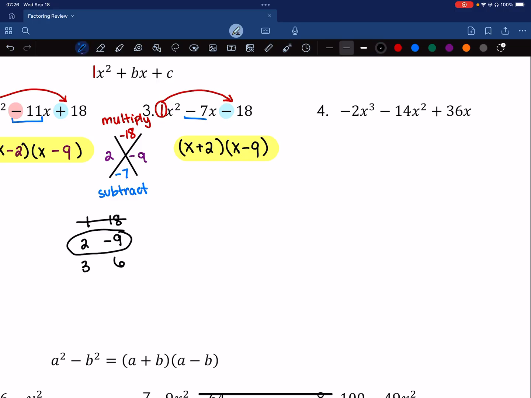So this actually has a greatest common factor of a negative 2x, which means we need to divide that out first. That would leave me with a positive x squared, a positive 7x, and a negative 18. All we did is divide each term by a negative 2x.